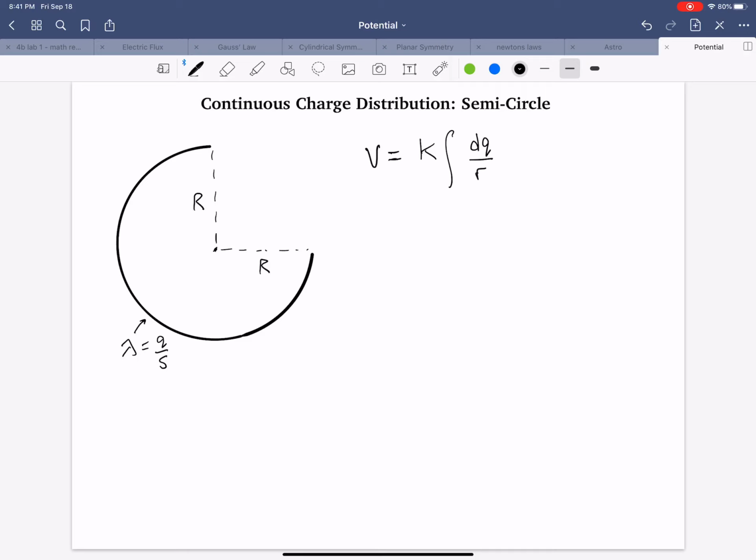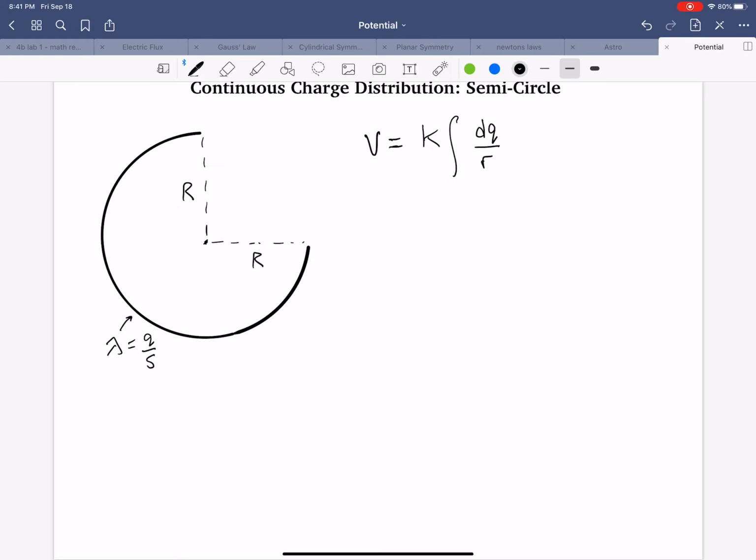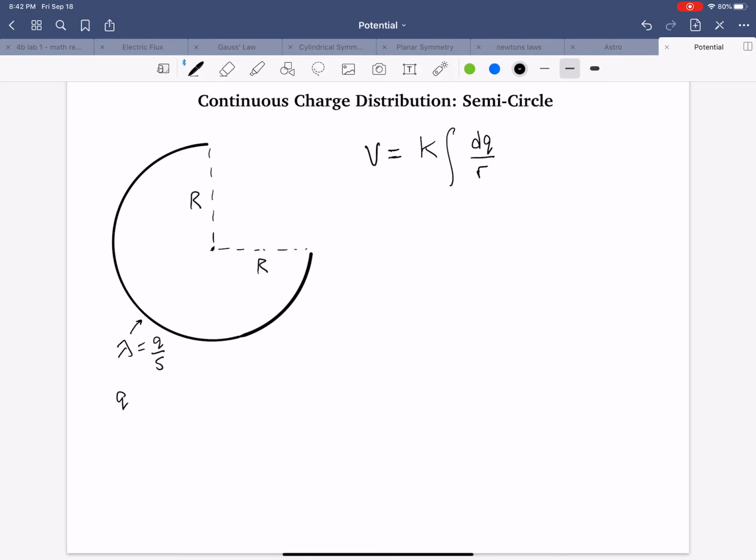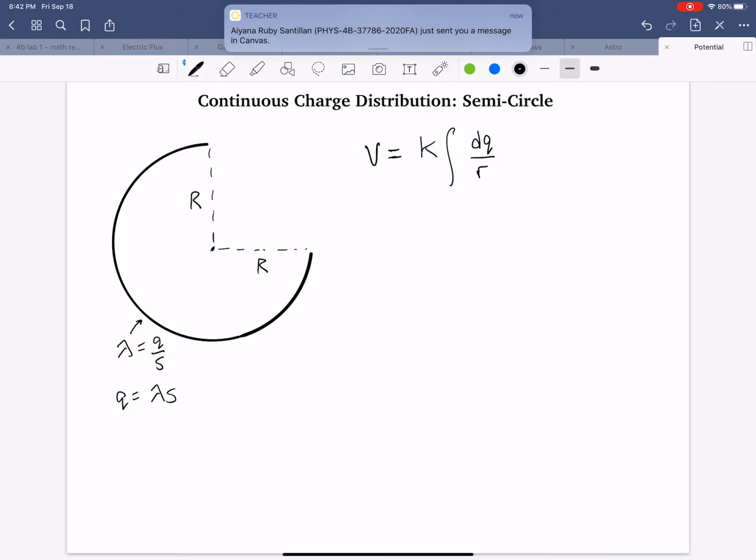All right, so what should we integrate over? We don't necessarily know the sizes of the dq, so like in previous chapters, we have to put dq in slightly different terms. And we do that using the charge density. So over on lambda, we have to solve that equation for q: lambda times s.